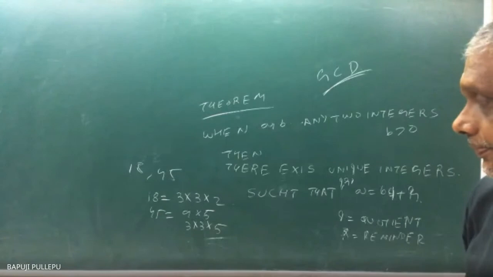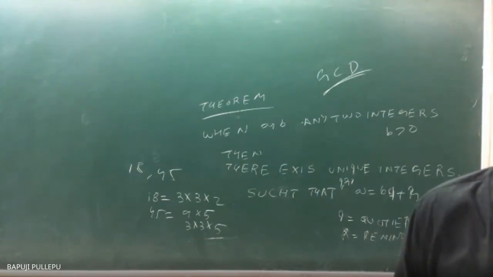Sir, 9. You are saying LCM, but we have to find the HCF, the GCD. So GCD will be 9, sir.